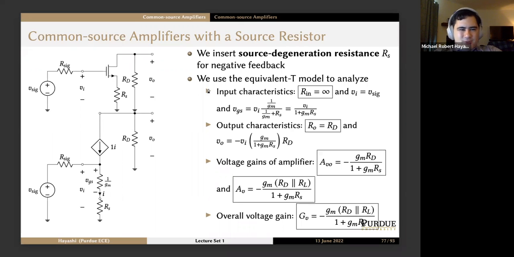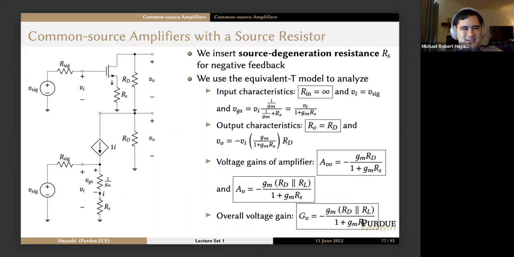So we insert a source-degeneration resistor R sub little s in our small signal model. This is used for negative feedback. We use the equivalent T model to analyze. The input characteristics: Rin is equal to infinity for this simple example, when you're not looking at the DC biasing network for a discrete circuit. And you see Vi is equal to Vsig again.